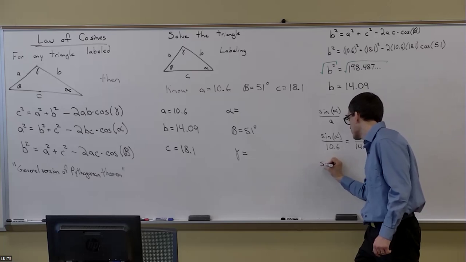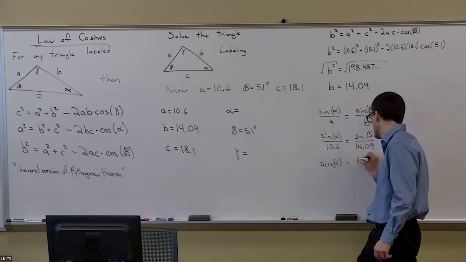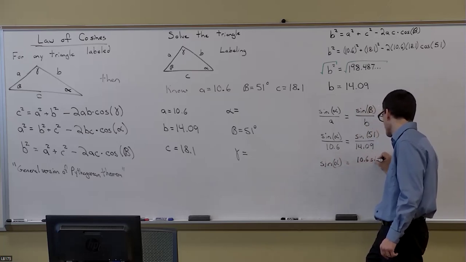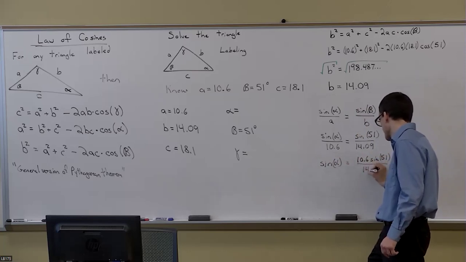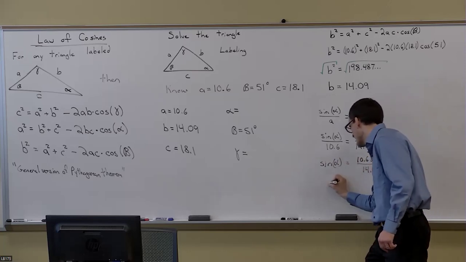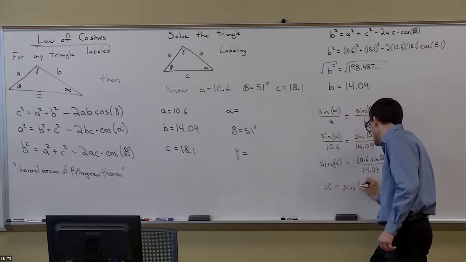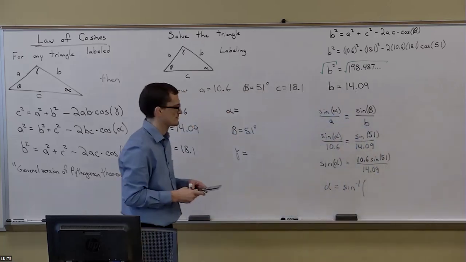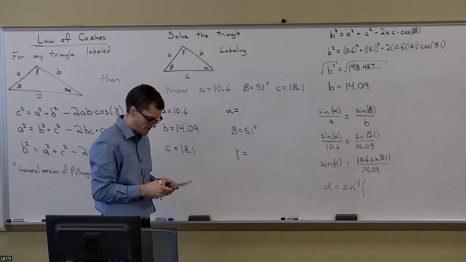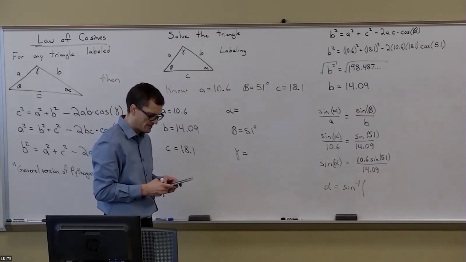I would multiply both sides by 10.6. And then say alpha is the inverse sine of whatever that number is. And type it in, 10.6 times sine of 51 degrees divided by 14.09.